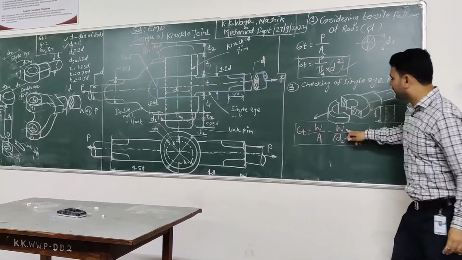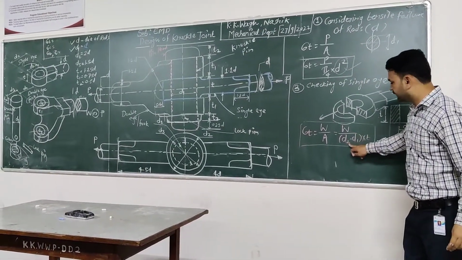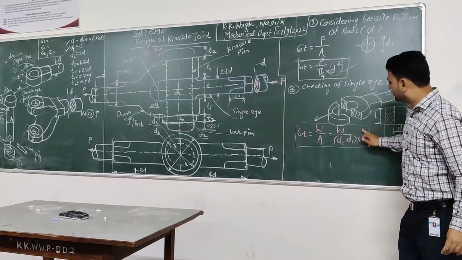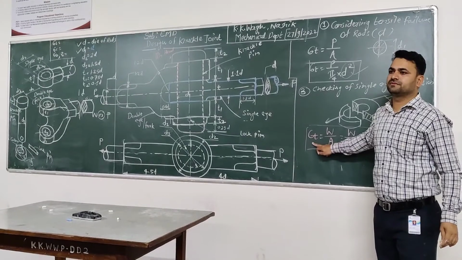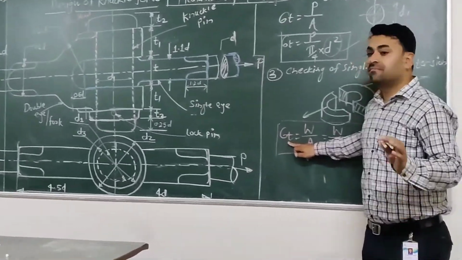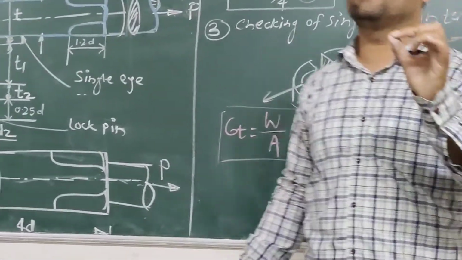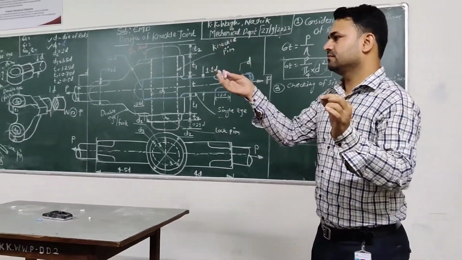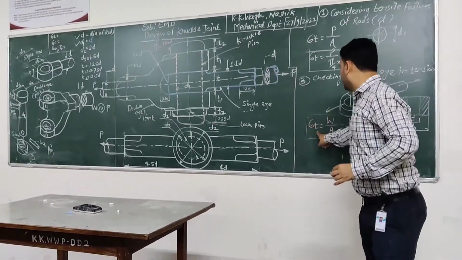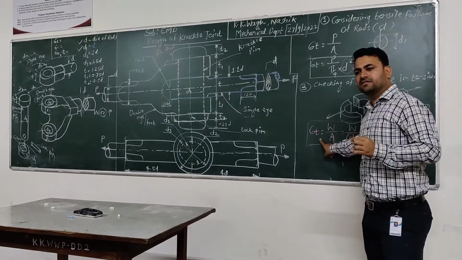Now we have the value of W, d2, d1 and t. With the help of all these dimensions, we can find out sigma t, and we have to compare the calculated sigma t with the given one. After calculation we will get the value of sigma t.